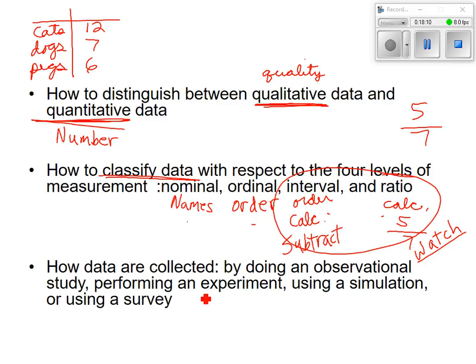An experiment, what would an experiment be? Okay, so you could run an experiment where I'm trying to see if a drug helps people lose weight, and I could sample my drug.